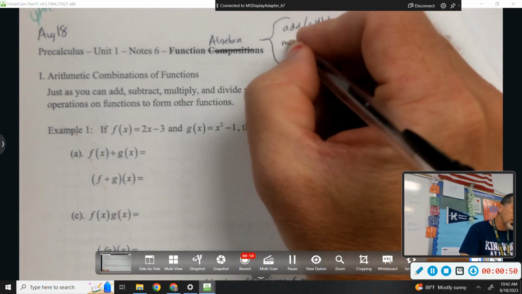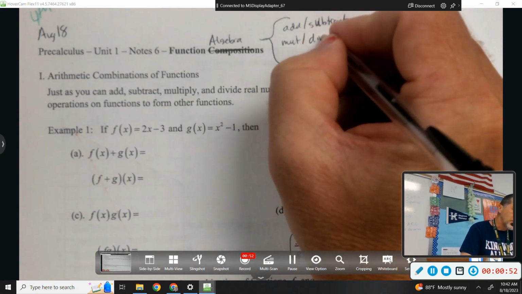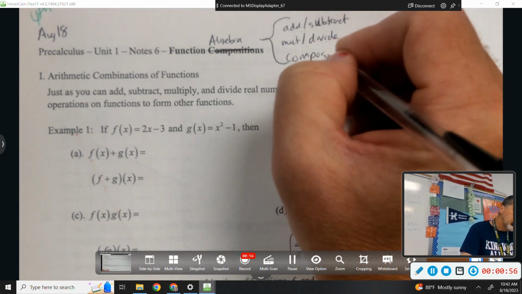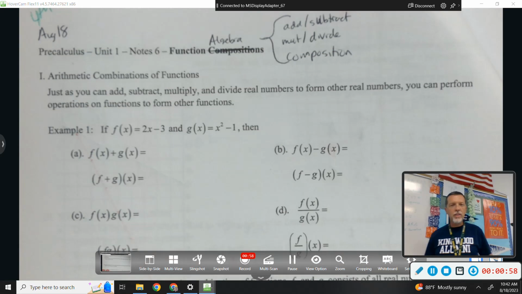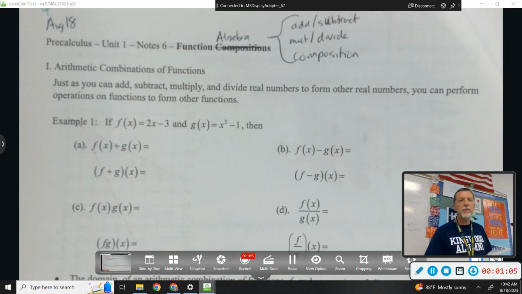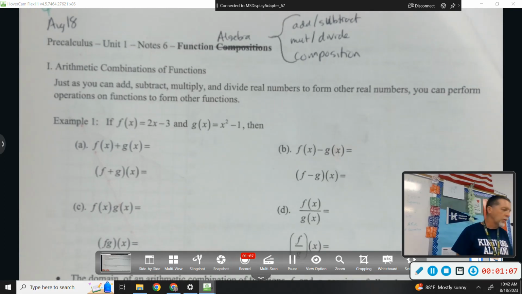We'll do multiply and divide, that's a little bit harder. And then we'll do composition as part of that. It's not that we're not doing composition, it's just that it's not the only thing we're doing. It's a subset of what we're doing. So retitle the notes, I think, to make it make more sense, at least to me.